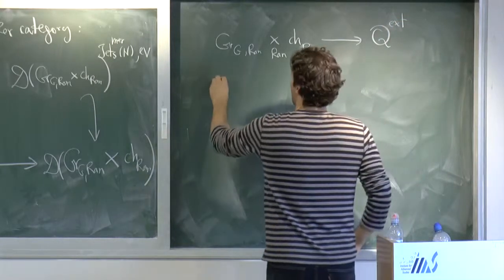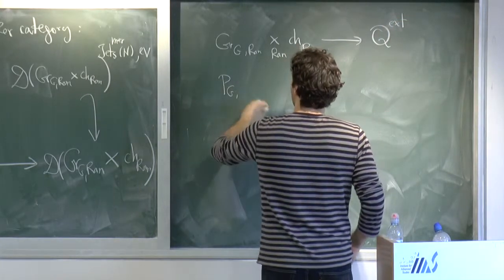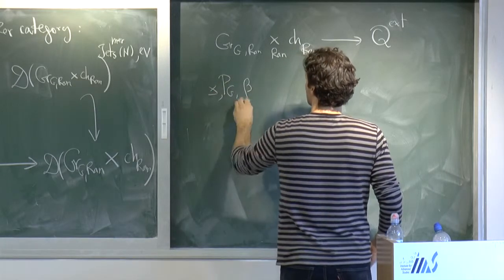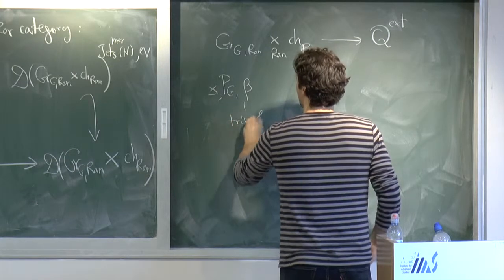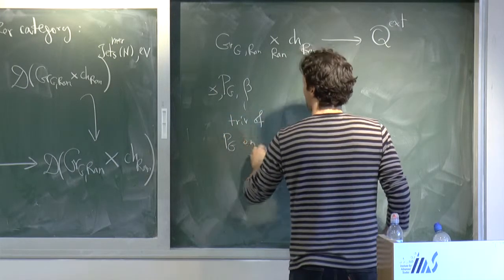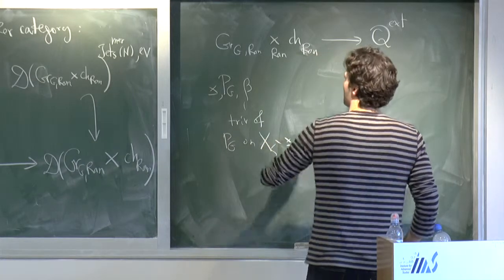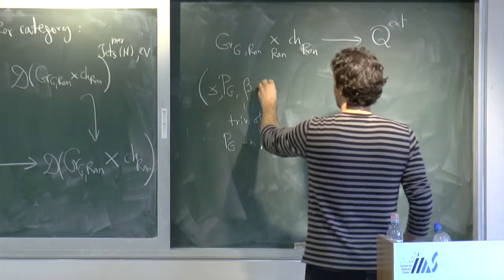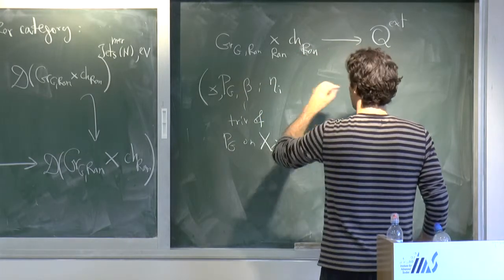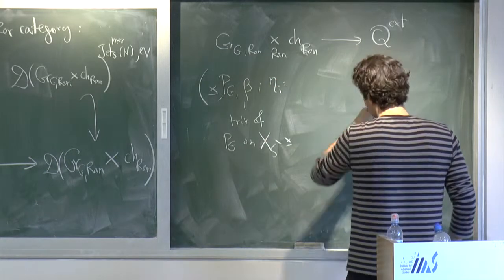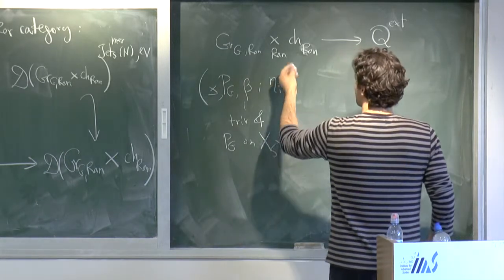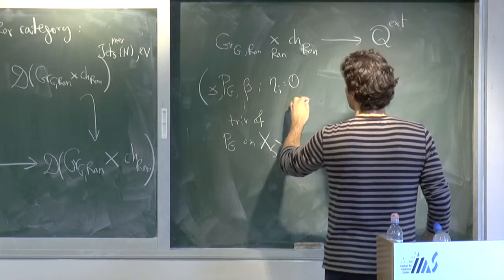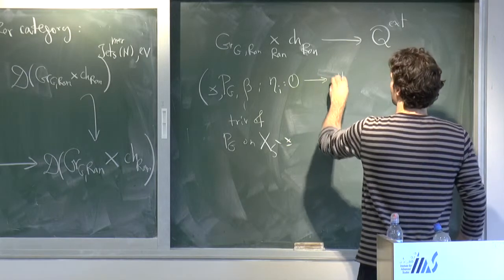So again, what I have is a G bundle, so a bunch of points, a G bundle, and a trivialization. Let me call it beta, trivialization of P_G away from those points. That's the Grassmannian part, and then I have a bunch of characters, eta_i, from, if you want, the trivial T bundle, so from the trivial bundle to omega, right?